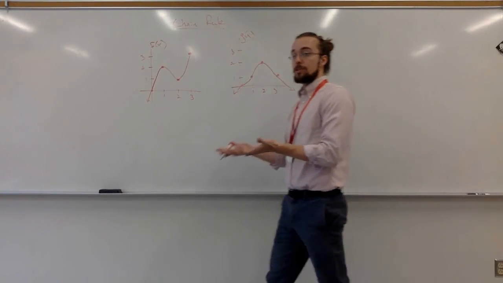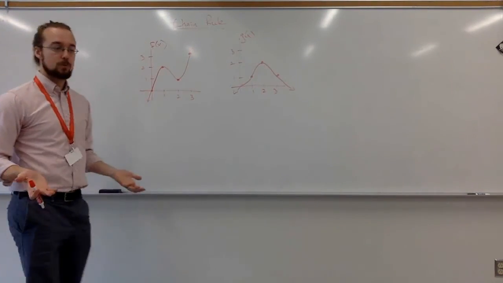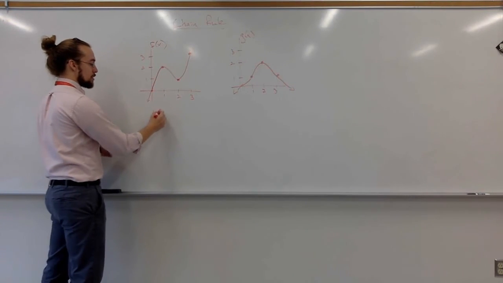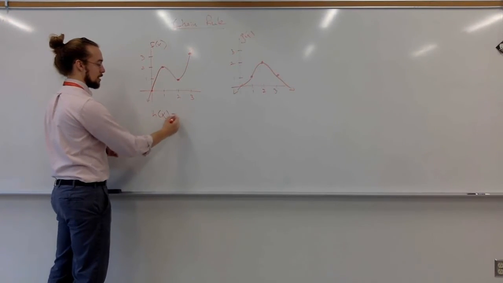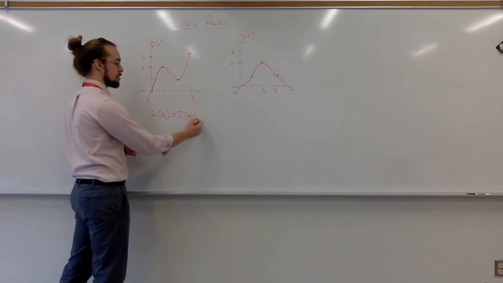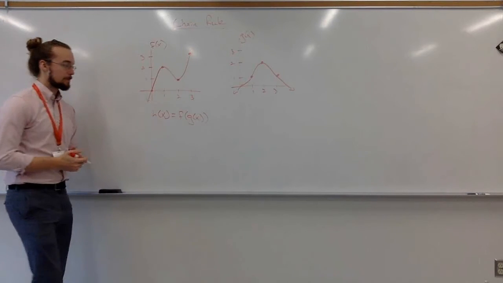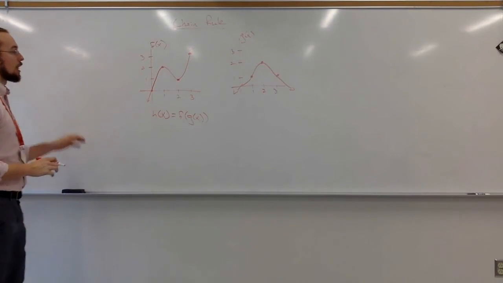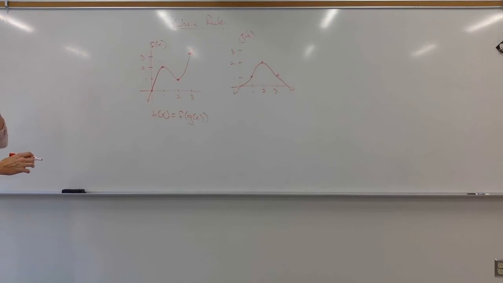We don't know what these functions actually are. We just have the graph where we have a few exact coordinate points. And let's say we're going to define h of x to be the composition of these two functions. Let's say h of x equals f of g of x. Well, better make sure this works out again here.